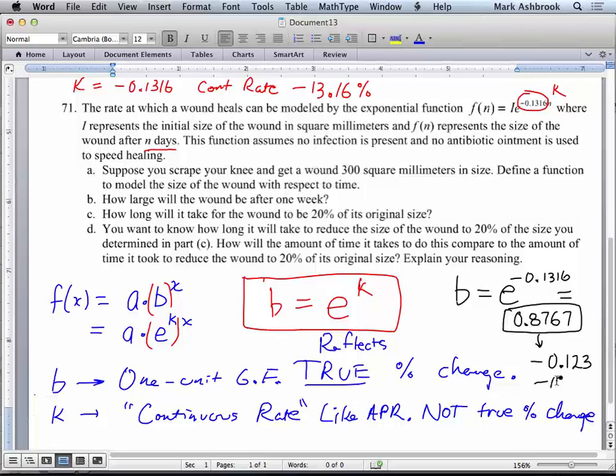So the change is negative 12.3%, as opposed to the continuous rate, which was negative 13.16%. So when you compound 13.16%, after 1 day, the wound has truly gone down only 12.3%.